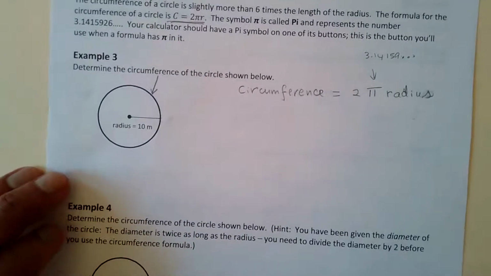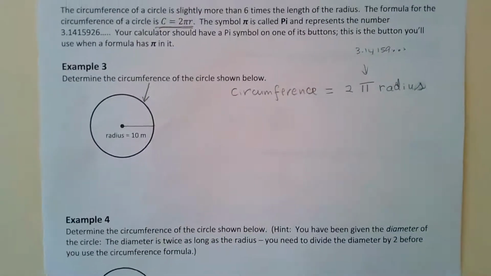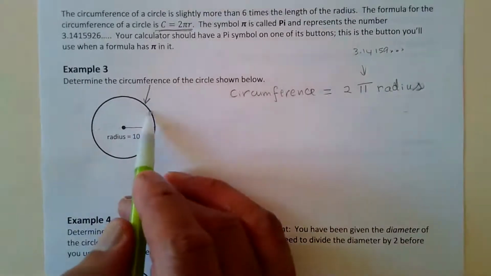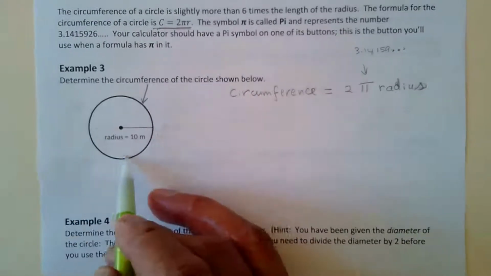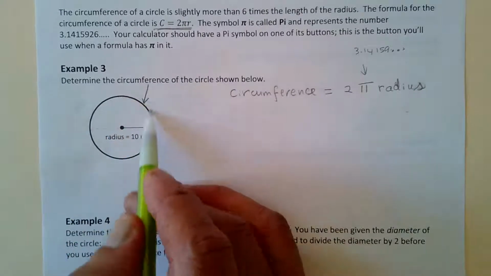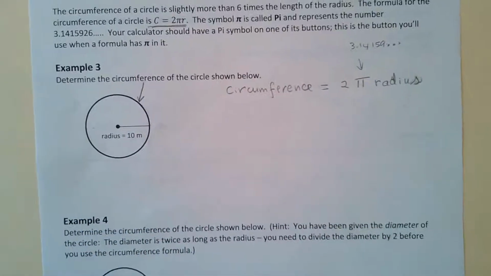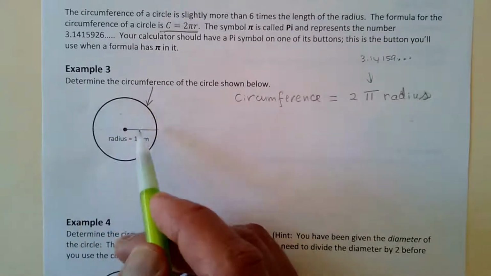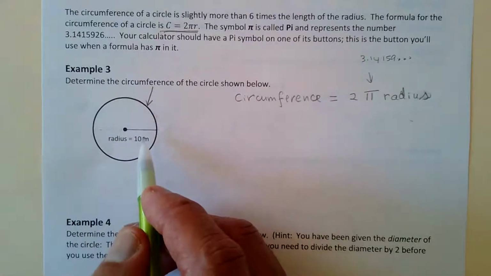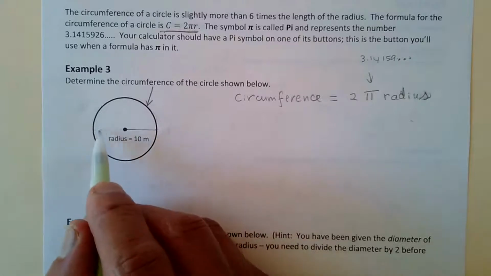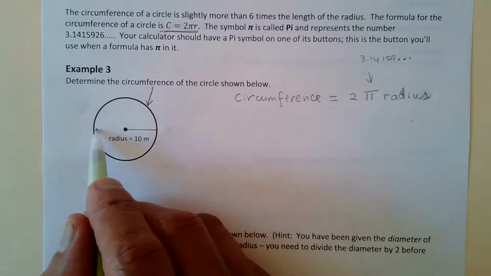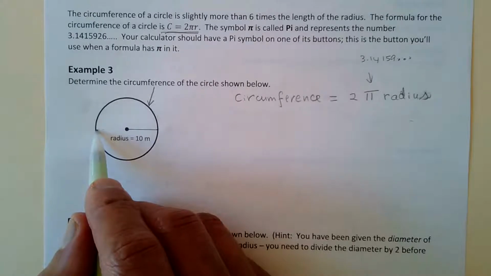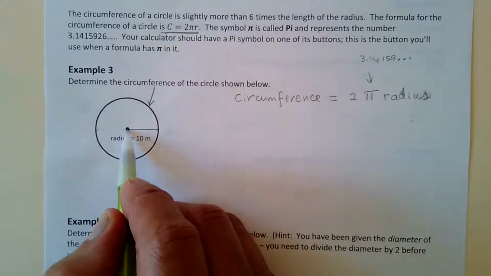Now, there's a whole long history regarding pi, but pi is the ratio: if you were to measure the circumference of any circle, doesn't matter what circle you find on the planet, and then measure the diameter, which is the length from one end of the circumference to the other through the center. It has to go through the center.